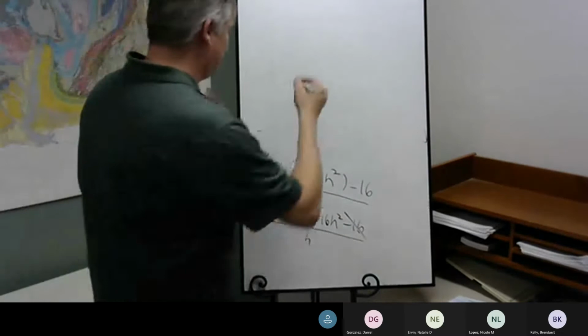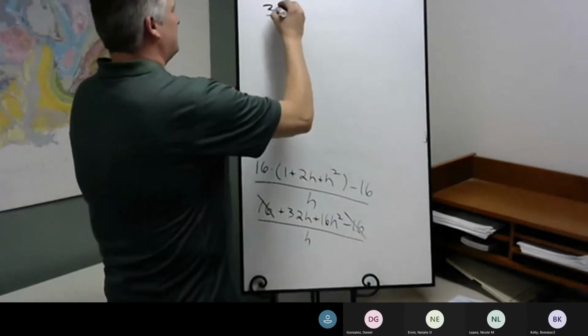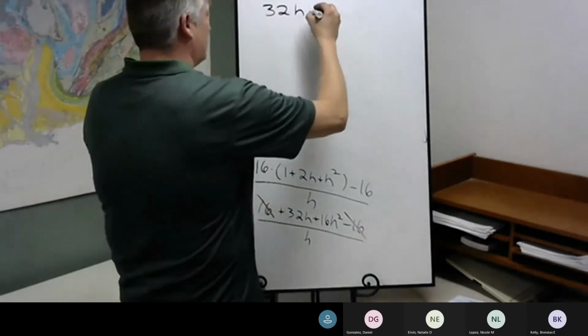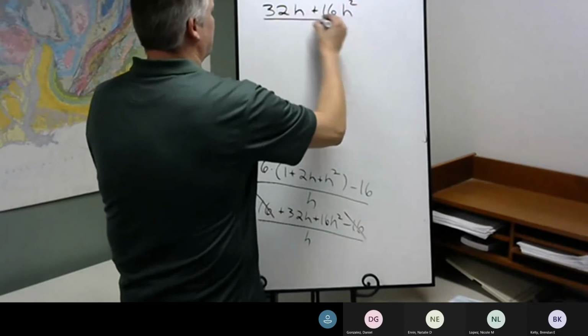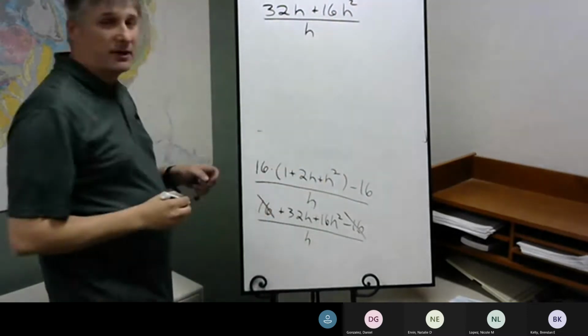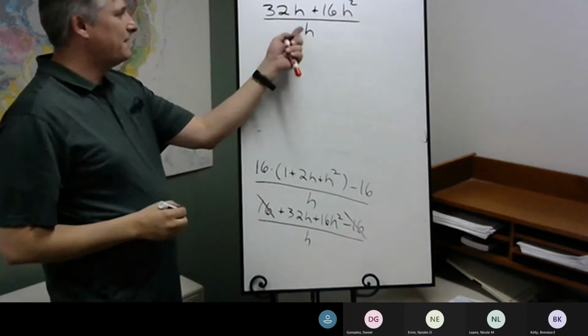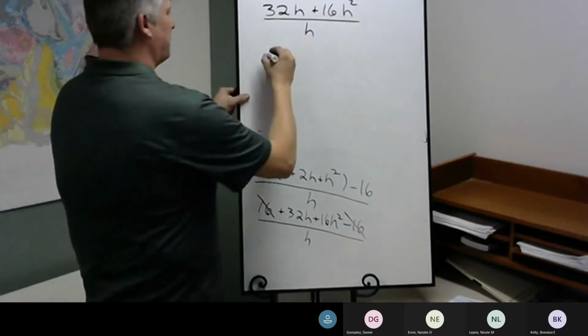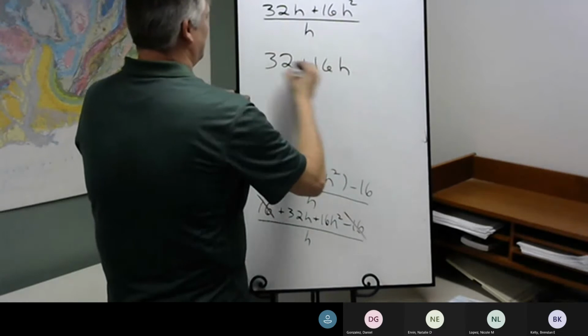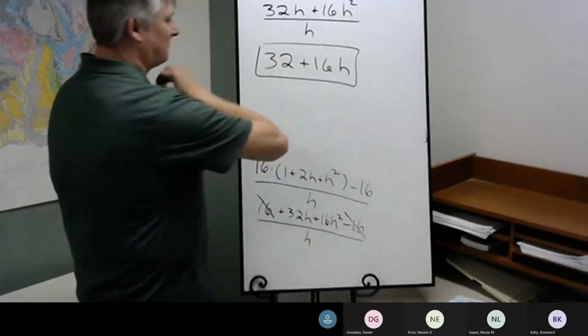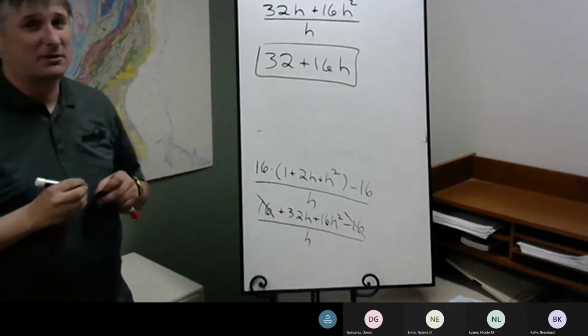So what we'll get, 32H plus 16H squared over H. Or divide by H, we'll get 32 plus 16H. And that's going to be our answer.